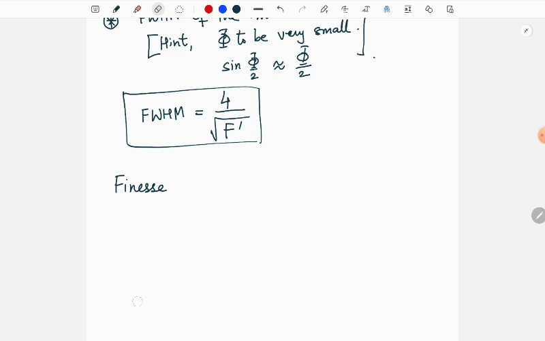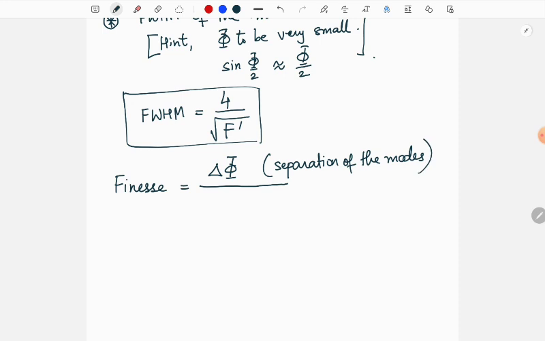So these two parameters define the finesse of the cavity, which is defined in terms of del capital phi, the separation of the modes.